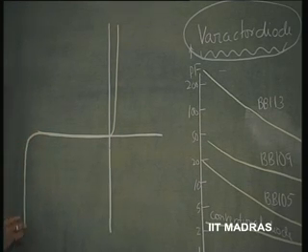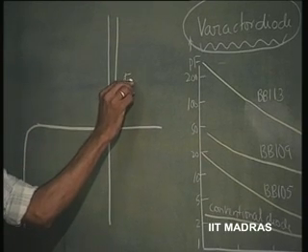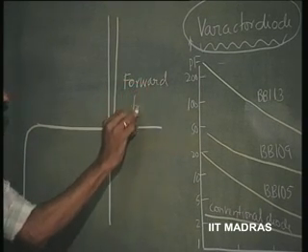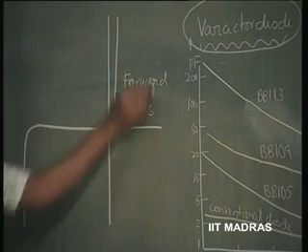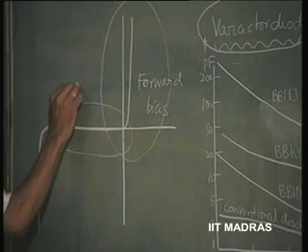In the reverse bias region, we have the breakdown. This is the forward biased region. Then this is the reverse bias region.